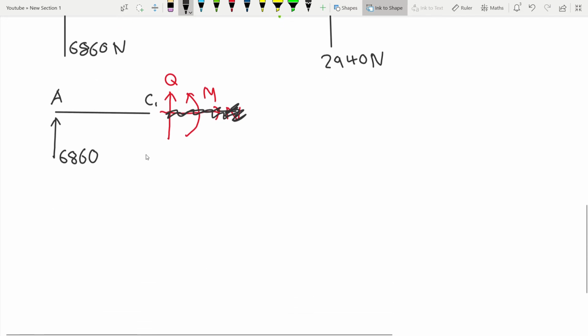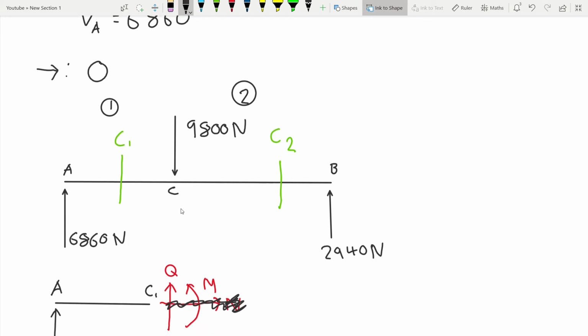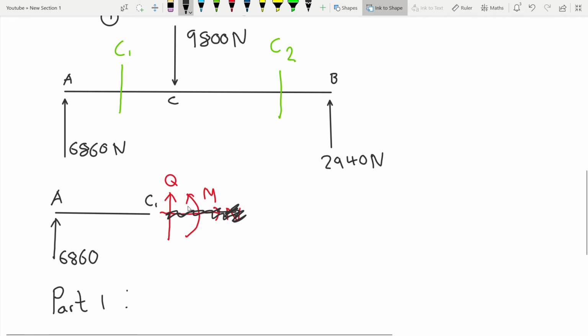So for part 1, this section here, A to C, part 1, section C to B, part 2. So part 1, 0 meters less than x less than 3 meters.